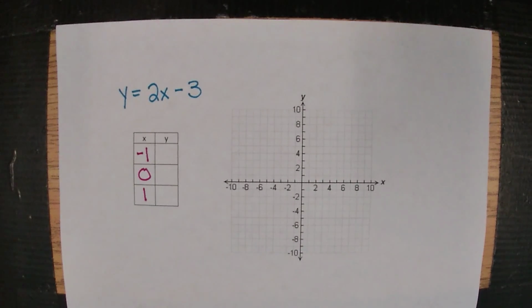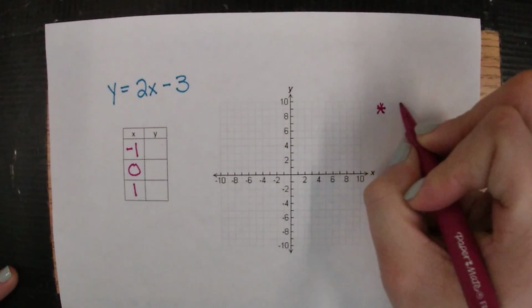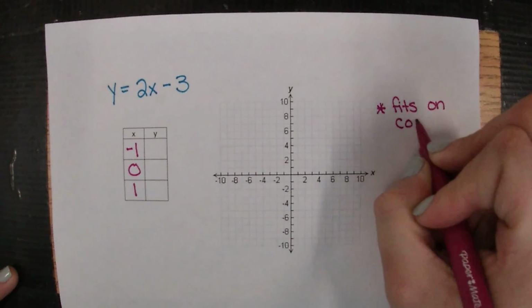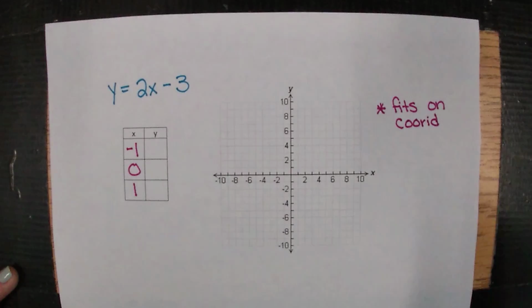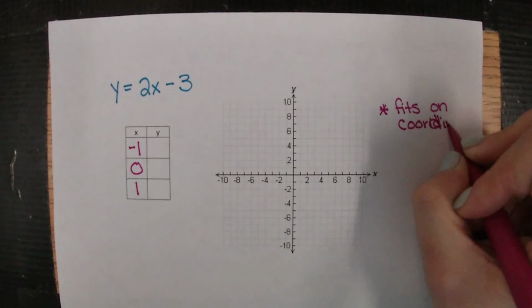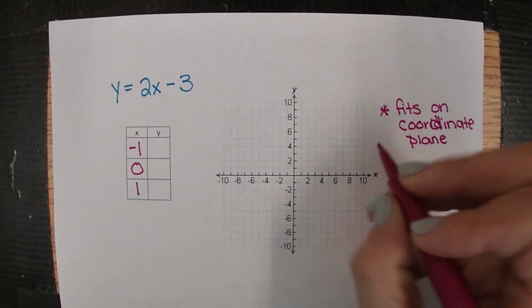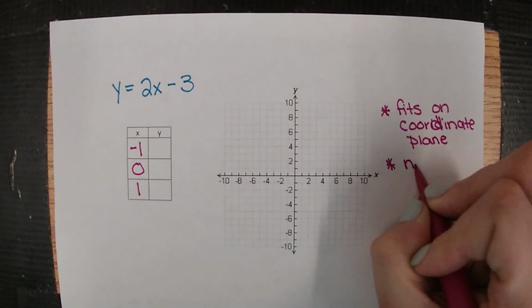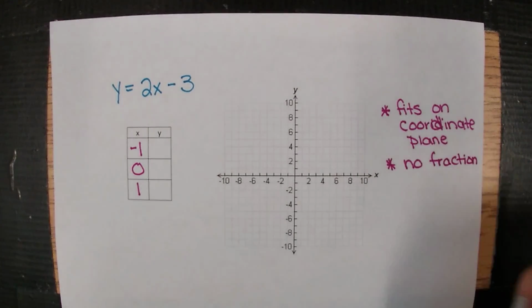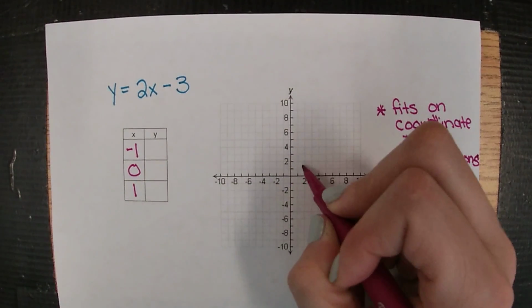So there are 3 things that I have as my expectations here. Expectation number 1 is that it fits on the coordinate plane. So no drawing extra points that go off of the line. Oops, I'm talking and writing backwards. Okay, so it has to fit on the coordinate plane. No fractions. We don't want to plot any points that give us a fraction, because then we're going to have to approximate.